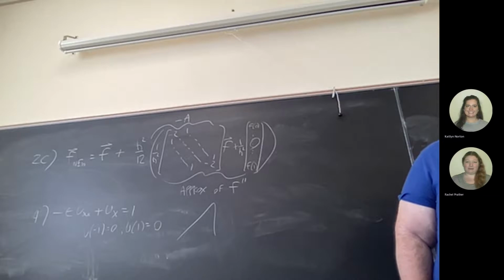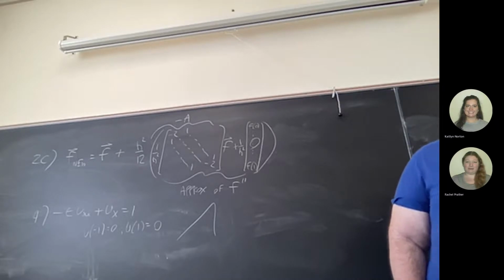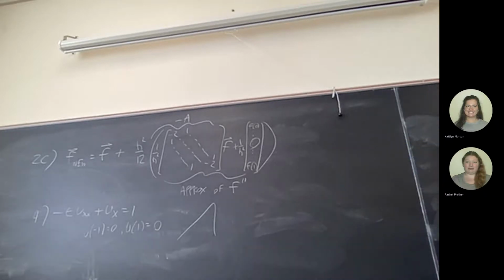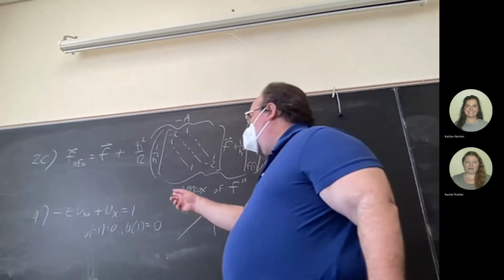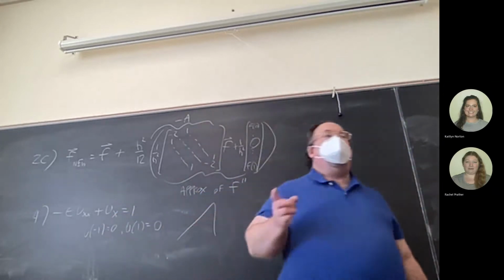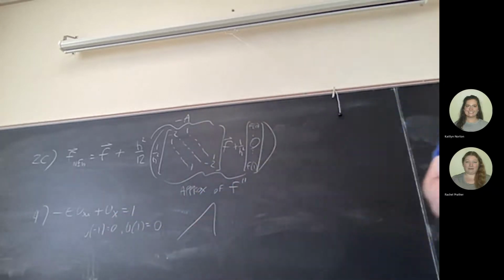The first time I assigned this problem, I thought, okay, I can show you how to compute the solution analytically, because this is a first order ODE in ux. So you can use an integrating factor to solve for ux and then integrate that. Yeah, well, I couldn't evaluate that.